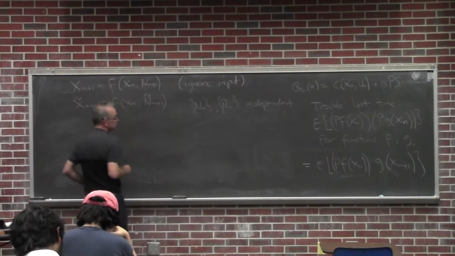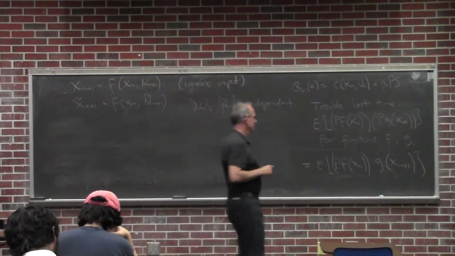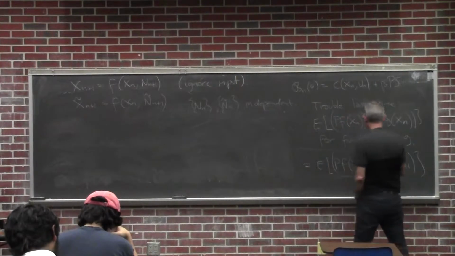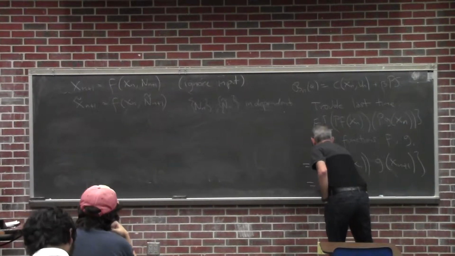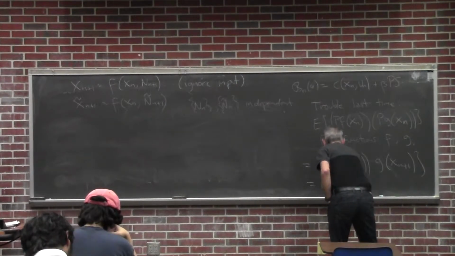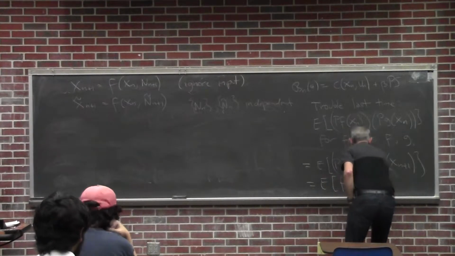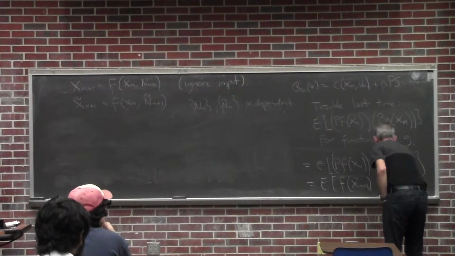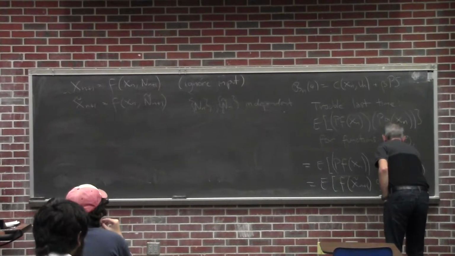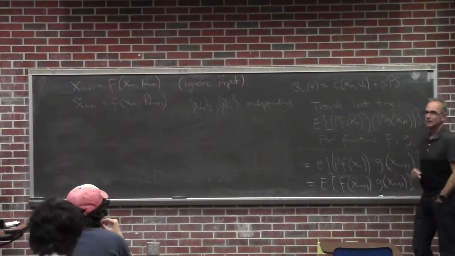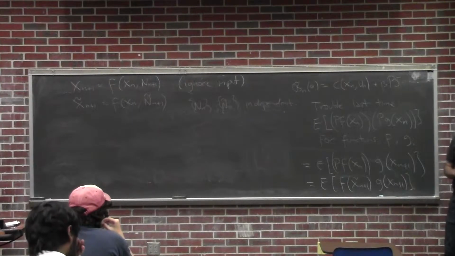And let's try to do it. So I claim this is equal to the expectation of f of x tilde n plus 1 times g of xn plus 1. I claim that's sort of obvious, but it's not totally obvious unless you write it down.